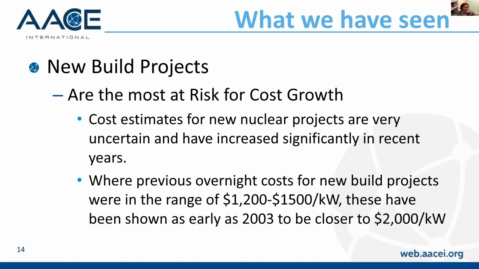Where we've seen previous overnight costs for new builds in the range of $1,200 to $1,500 per kilowatt, these have been increasing as late as 2003 to be closer to $2,000 per kilowatt. So you can imagine if we were looking at 2020 or 2022 values, what those would be. But again, because we don't necessarily have the best benchmarking, this was as close to the current state of the calendar as we could get for some of the background detail.